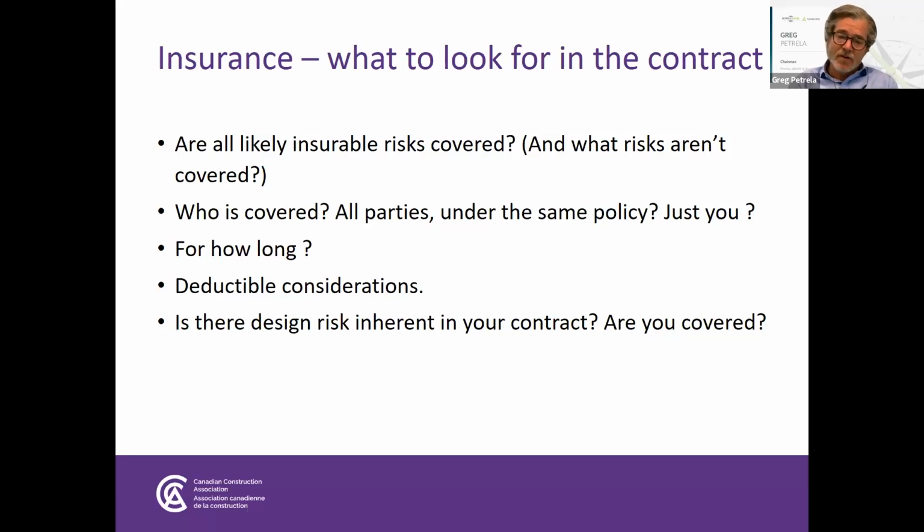And while these policies will cover most accidental and unforeseeable kinds of occurrences, no insurance policy wants to work as a warranty of a contractor's workmanship, product and work. All of the policies, whether it's the liability policies that cover you for damage to property, or a builder's risk policy that's insuring the building under erection, are very carefully worded so that they don't provide any coverage for the making good of faulty workmanship.